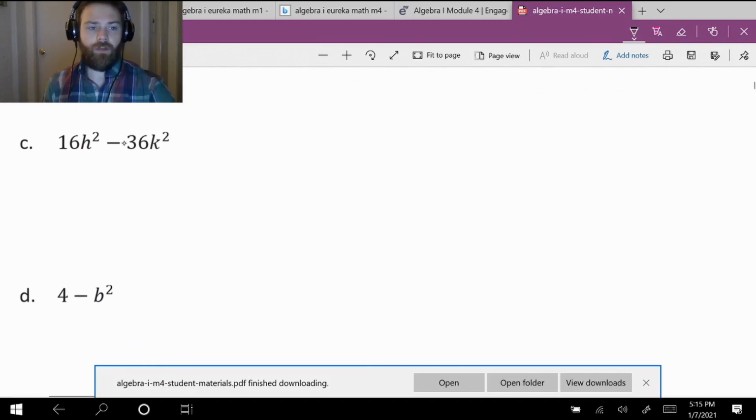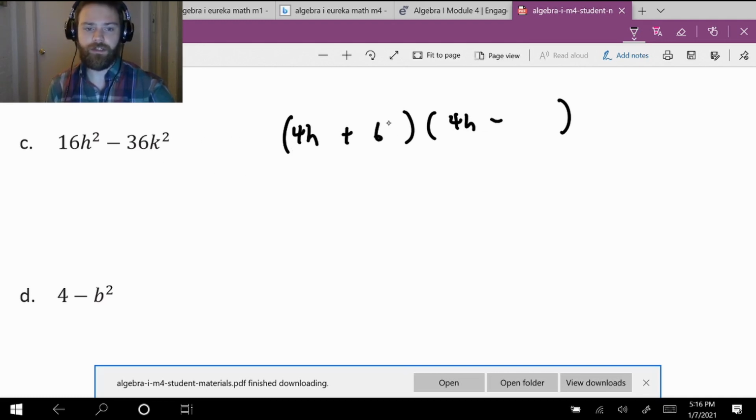So now we're on this one, and it's the same song and dance, right? All you have to do is take the square root of the first term and the square root of the last term. So the square root of 16 is 4, and the variables matter here. The square root of h squared is h. So 4h and 4h here, plus, minus, the square root of 36 is 6, the square root of k squared is k, so 6k and 6k.